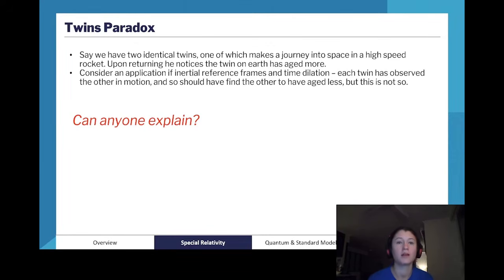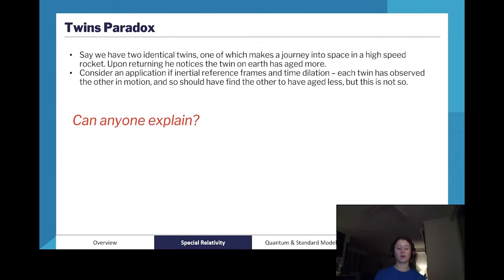So let's go through the twins paradox. Say we have two identical twins, one of whom makes a journey into space in a high-speed rocket. Upon returning, he notices the twin on Earth has aged more. Consider an application of inertial reference frames and time dilation: each twin observes the other in motion, so each should have found the other to have aged less, but this is not so.